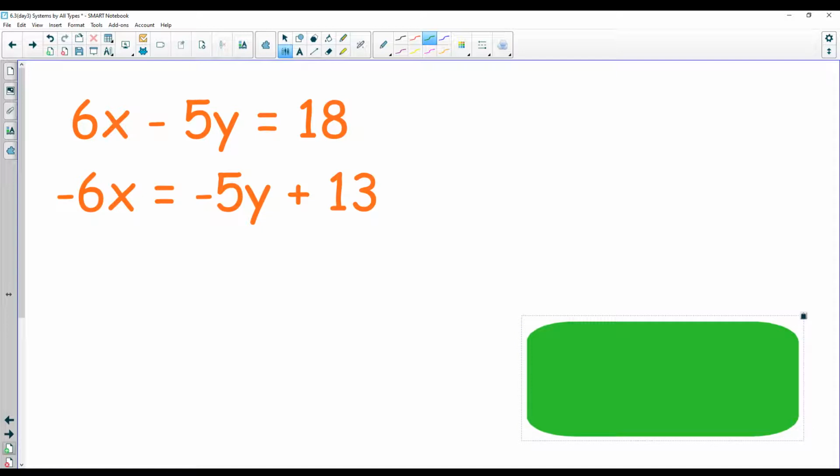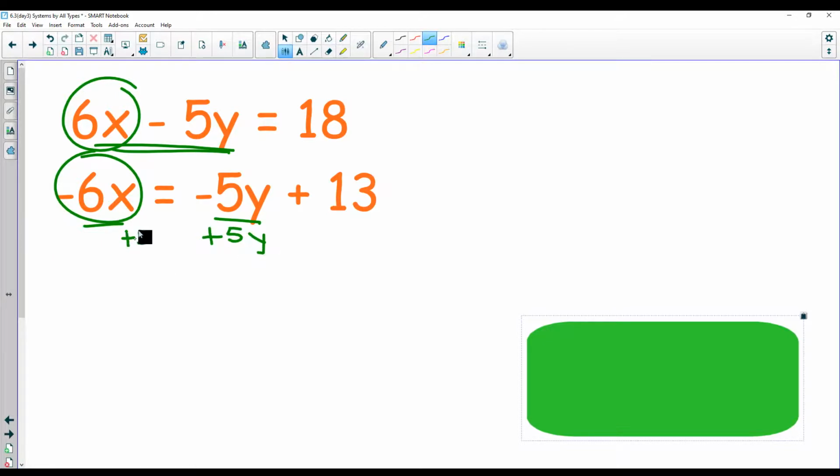Let's take a look at these two. It appears that the 6x and the negative 6x would cancel. However, if you notice, these are on the same side, and those are split. So you have to get them lined up first. What I'm going to do is just add 5y to both sides on the bottom equation.